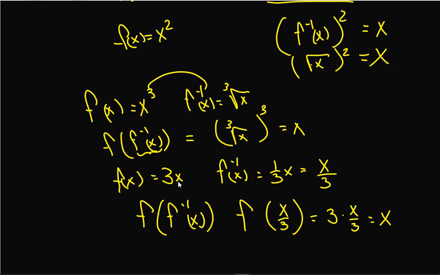So the inverse of 3x is x over 3, and of course if f of x was equal to, for example, 10x, the inverse is going to be x over 10. Let's try another one.